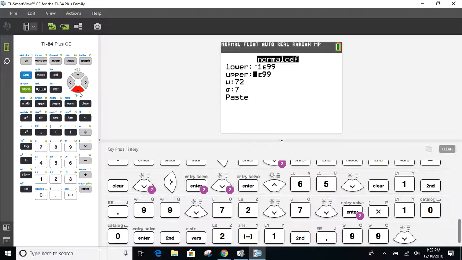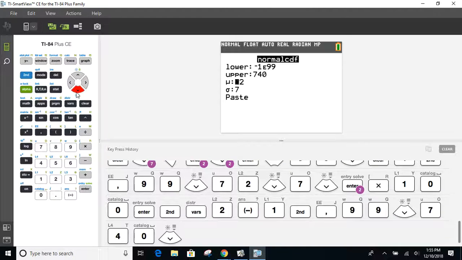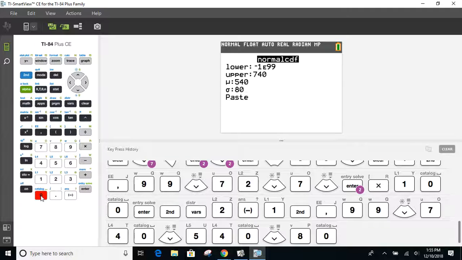And what's our upper bound? How high are we going? What was her score? 740. The mean? 540. And the deviation? 80, right? So as low as we can go, negative 1E99. As high as we can go, 1E99. Paste that in.